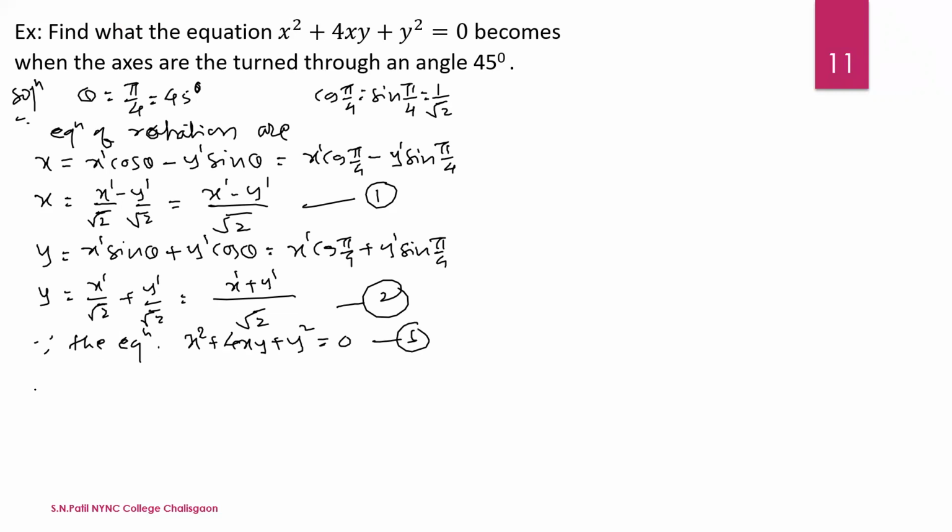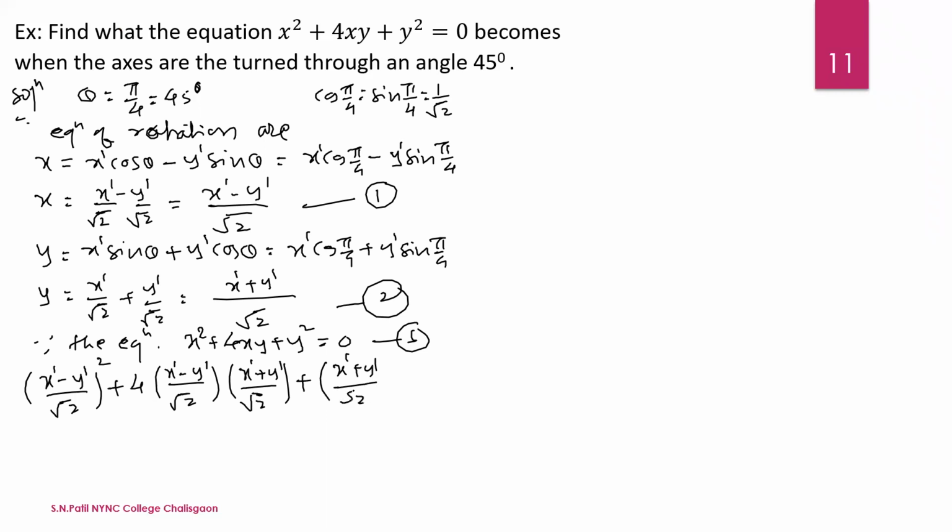Substitute the value of x, which is x dash minus y dash divided by root 2, its square, plus 4 times x dash minus y dash divided by root 2 times the value of y, x dash plus y dash divided by root 2, plus the square of x dash plus y dash divided by root 2, is equal to 0.